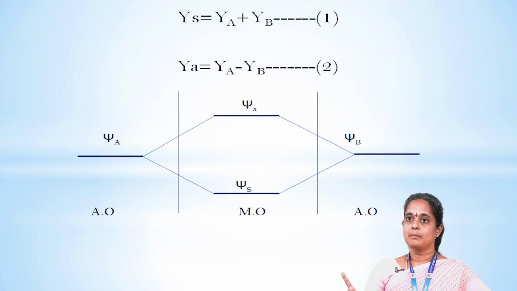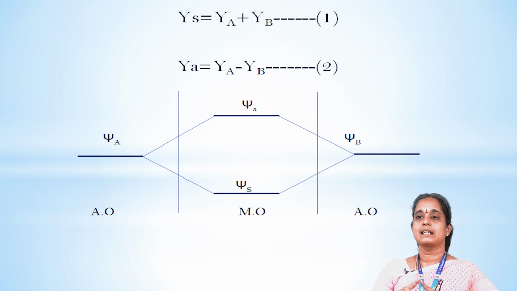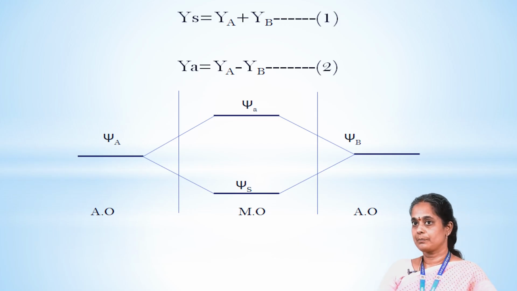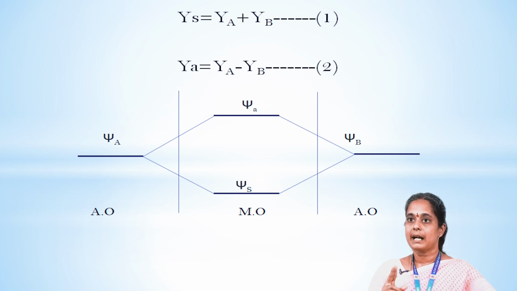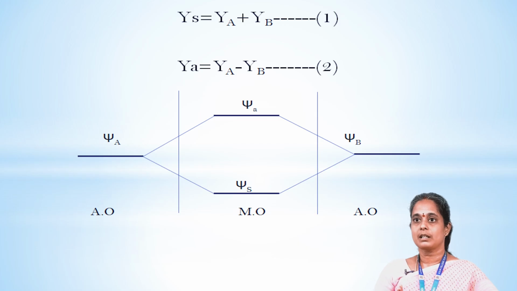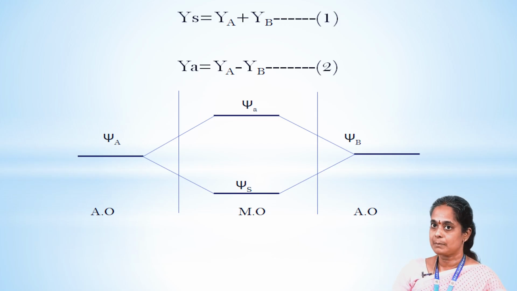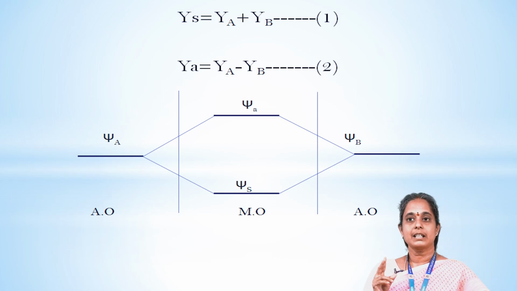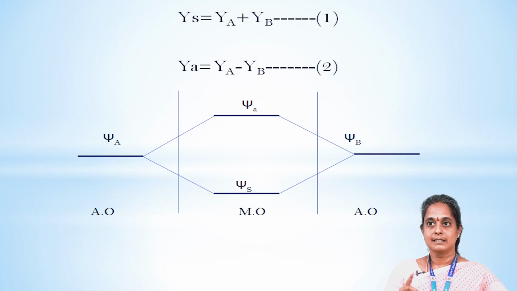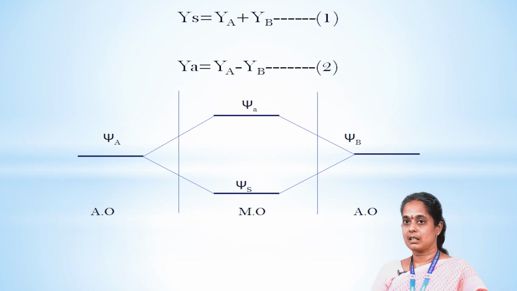When the two atomic orbitals overlap in a sidewise fashion, we also get two molecular orbitals. They are termed pi and pi star, for the bonding and anti-bonding representation. This is the pi overlap, that is the lateral overlap, which gives pi and pi star orbitals.